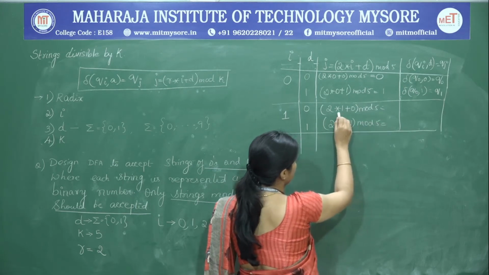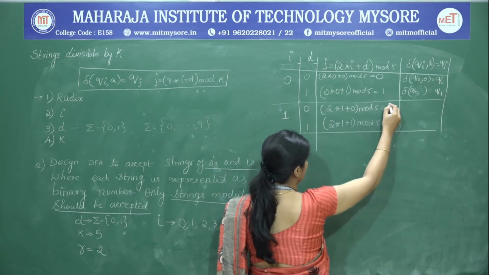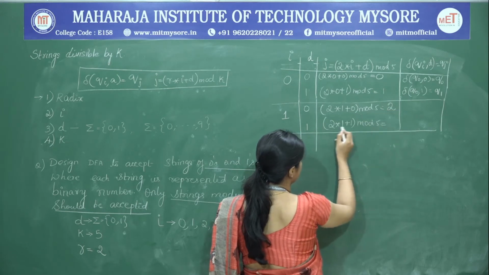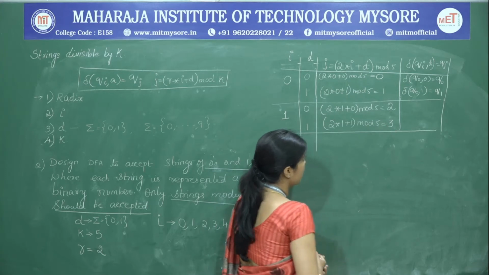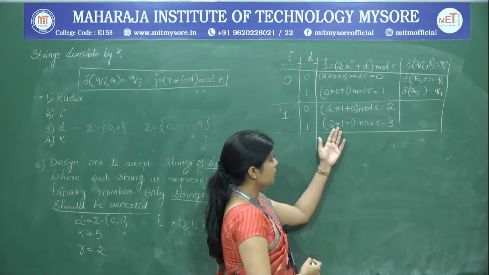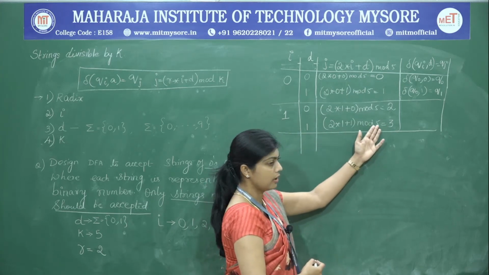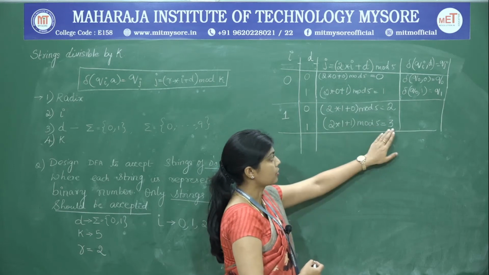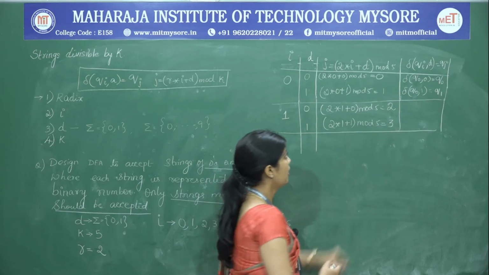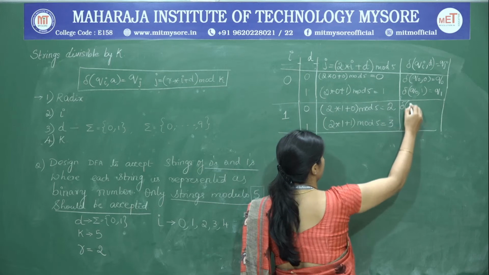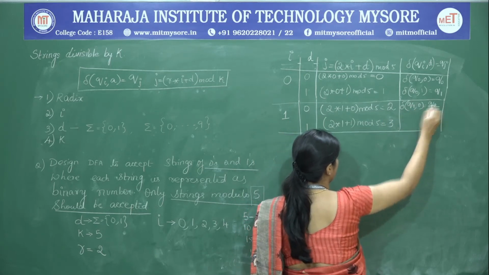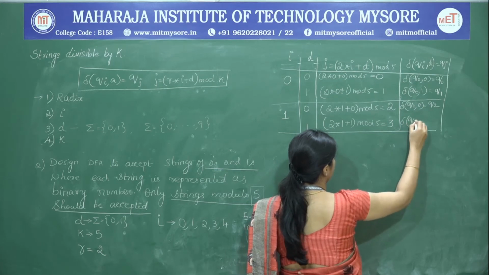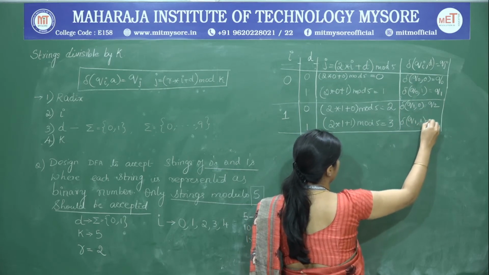So this results in 2 mod 5, so the answer is 2, and this is 3 mod 5, the answer is 3. So we have to remember here that whenever we have a smaller number modulus the larger number, the smaller number is always going to be the result. So we'll write the transitions here. So delta of Q1 comma 0 is equal to Q2, and delta of Q1 comma 1 is Q3.